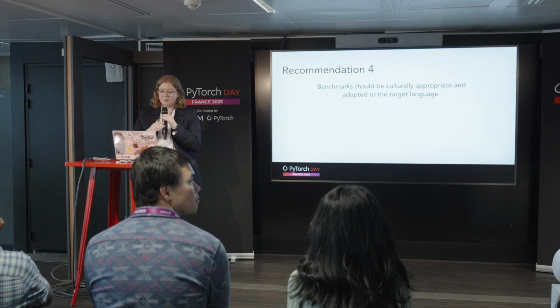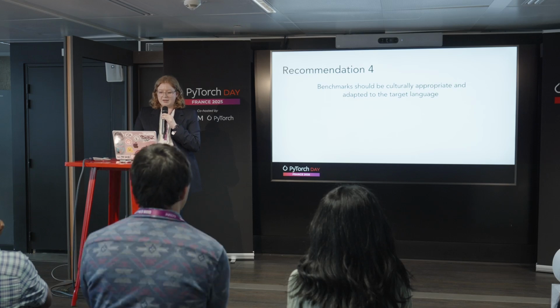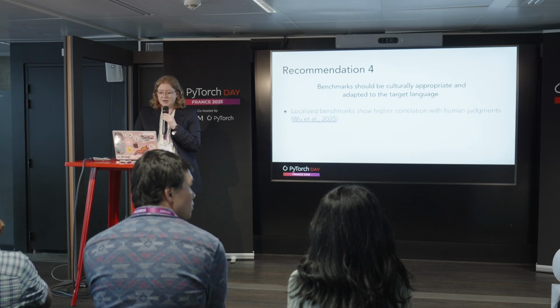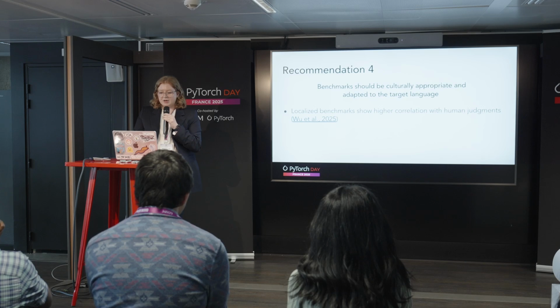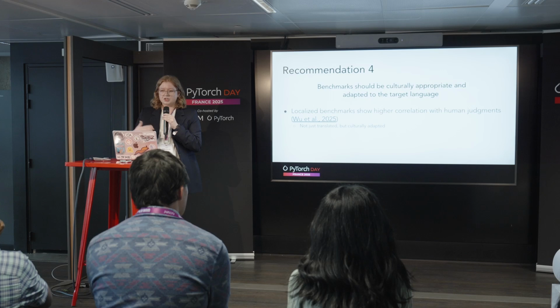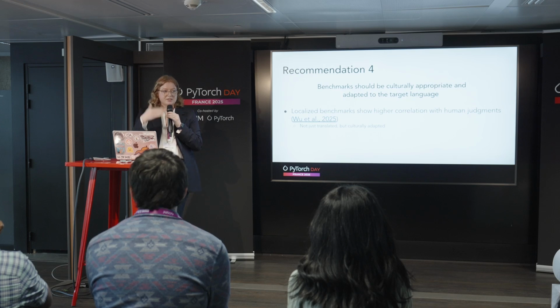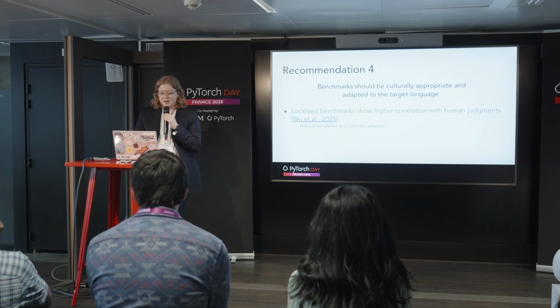Fourth is benchmarks should be culturally appropriate and adapted to the target language. So localized benchmarks show higher correlation with human judgment, and this means they're not just translated, but culturally adapted to, say, if it's a legal benchmark, then it's adapted to specific laws in that country, something like that.